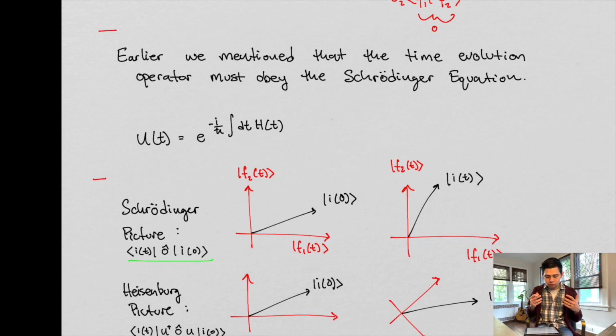And so what we found out is that if we want this time evolution operator to obey the Schrödinger equation in its dynamics, then it must take the form that looks like this.